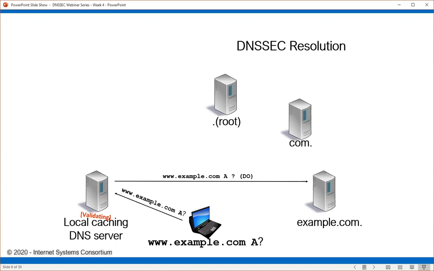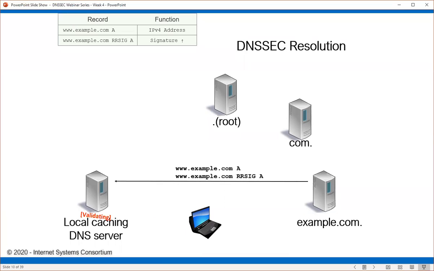In the EDNS header, along with some other things, is a bit called the DO bit. The DO bit is DNSSEC OK. What this means is that the example.com server, if it knows how to do DNSSEC and has signatures for the resource records being asked for, is going to return those to the server asking the query with the DO bit set.